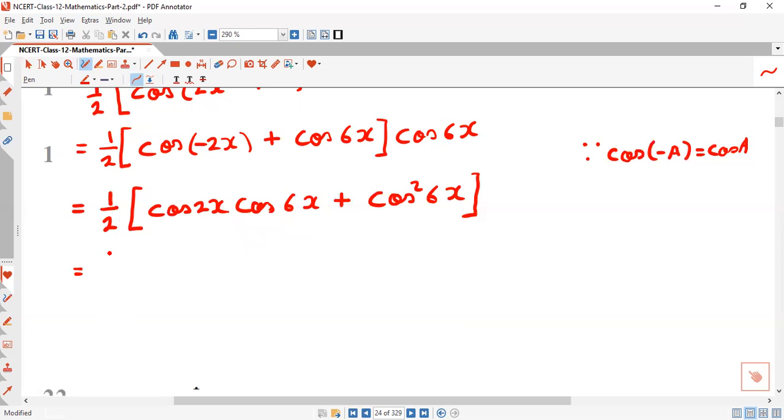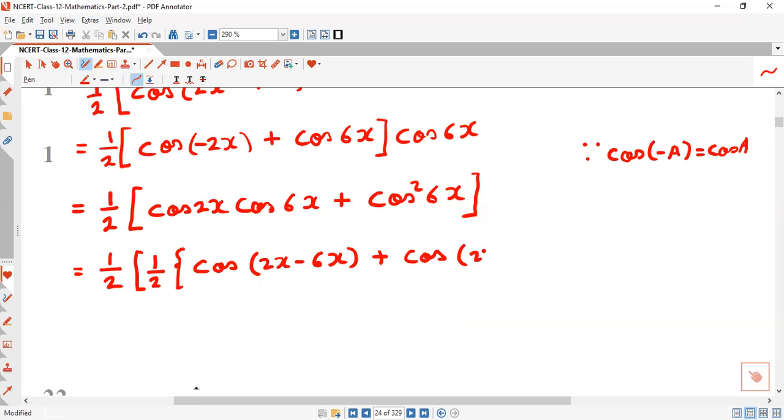Okay. Now again, half taken outside. Apply the formula again. We write down here 1 by 2 of curly braces cos A cos B, which gives cos(2x minus 6x) plus cos(2x plus 6x), curly braces close, and this cos square a.